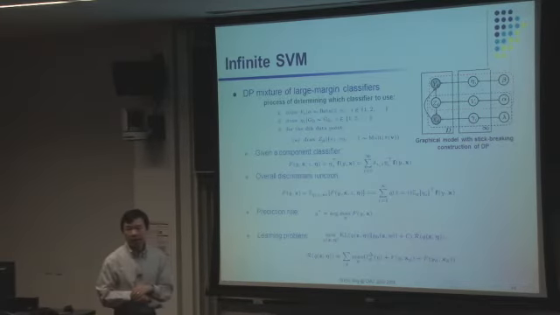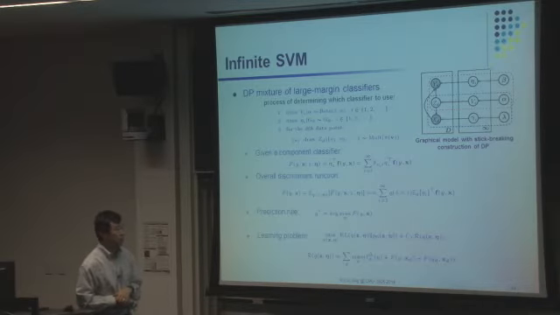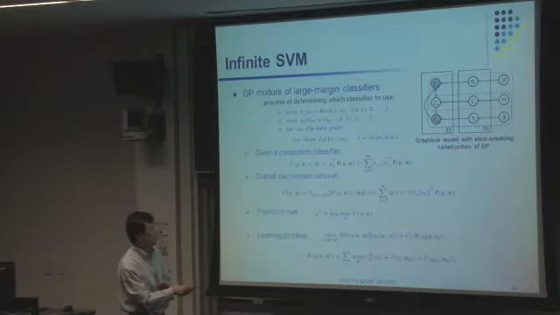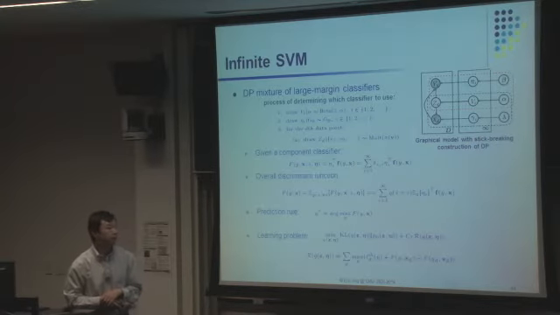And in the infinite dimensional case, you are going to sum over all possible selectors. It's going to sum over all possible component classifiers. And again, here I can symbolically express that. And this is the discriminant function resulting from this predict function, and it has to satisfy the margin constraint, which is in here. And that's basically what we have.